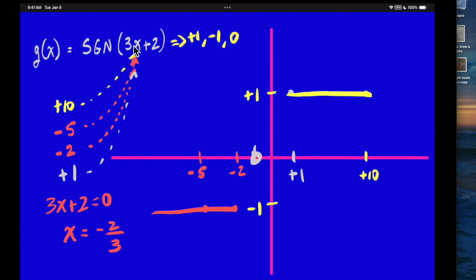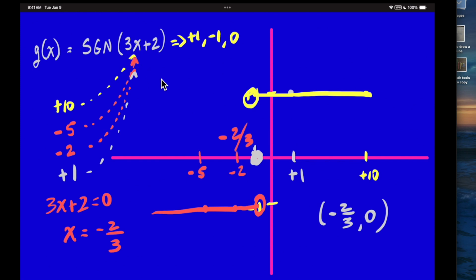So we're going to put a closed circle at the point x equals negative 2/3, comma, y equals 0. Now we can extend these graphs all the way to x equals negative 2/3, but put an open circle, and extend this bottom graph all the way to x equals negative 2/3 with an open circle, and folks, that is your graph.